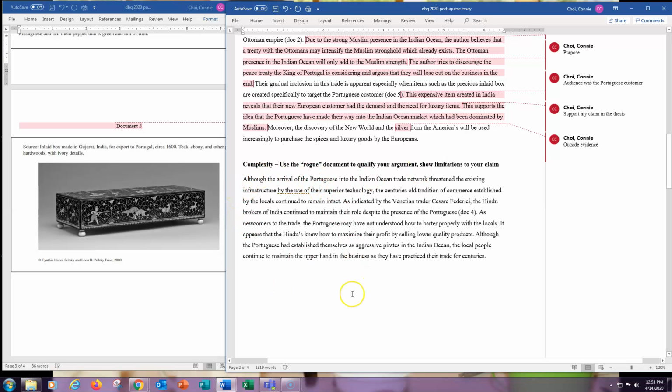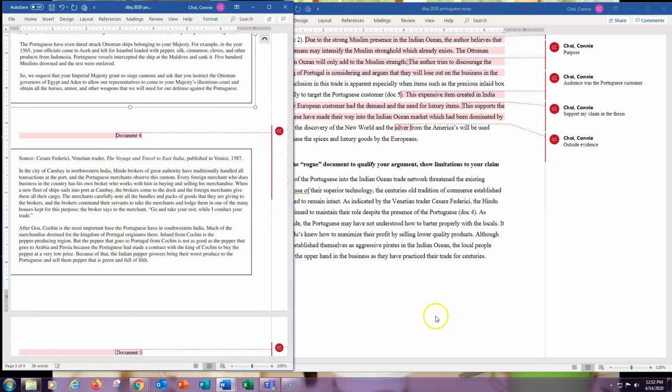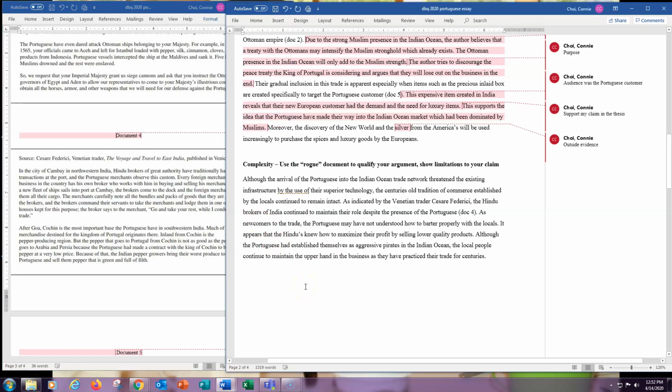Although the arrival of the Portuguese into the Indian Ocean trade network threatened the existing infrastructure by the use of their superior technology, the centuries-old tradition of commerce established by the locals continued to remain intact. As indicated by the Venetian trader, Caesar Federici, the Hindu brokers of India continued to maintain their role despite the presence of the Portuguese. Document 4.